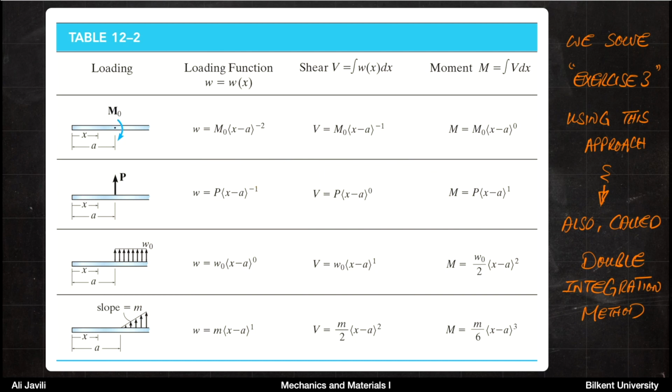The same holds for moment. If you look into this problem here, for any point after a, your moment would be M0, and for any point before a, your moment would be 0. And this is your moment function.